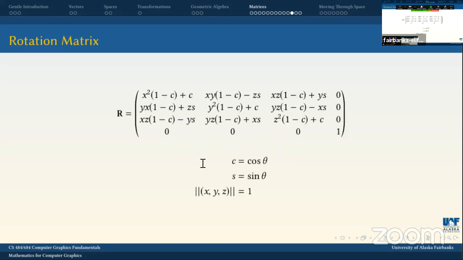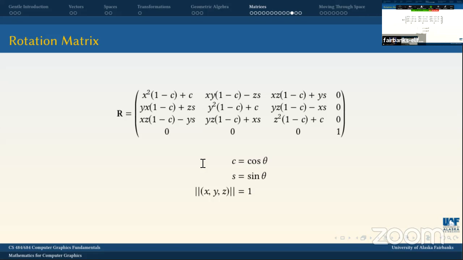Okay, and then we have what's called the general rotation matrix. We should pay attention to this because it's going to come into play later when we talk about quaternions. This is called the axis-angle representation. If you had a vector representing the axis you wanted to rotate around, you could just spin around that axis, which is very handy.